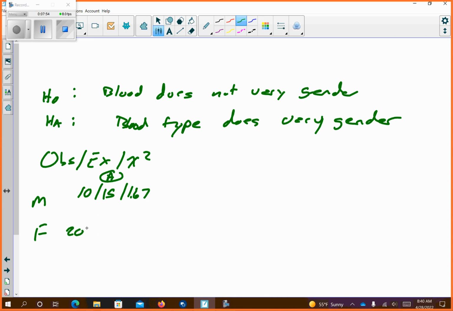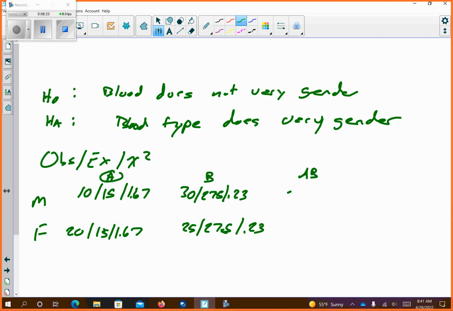You have 20, 15, and 1.67 for female. Type B, 30, 27.5, 0.23. Or no, that's 27.5, sorry, there's no decimal there.